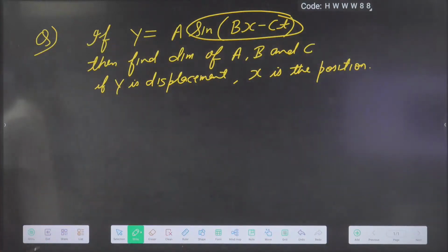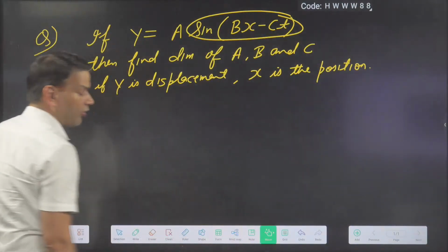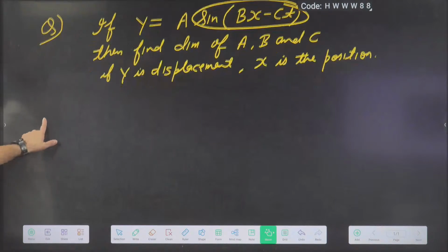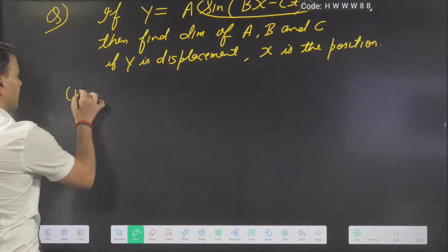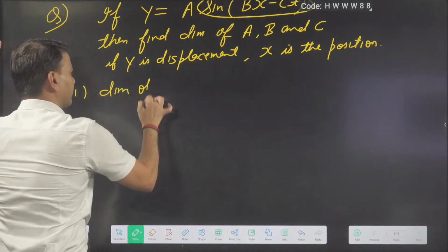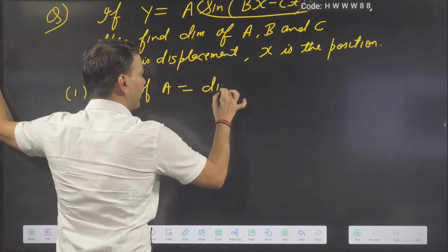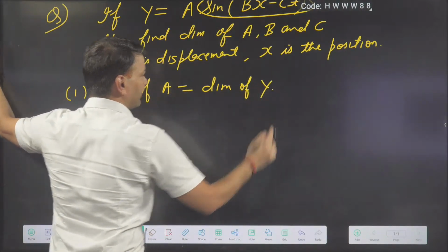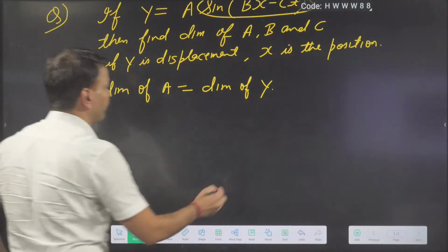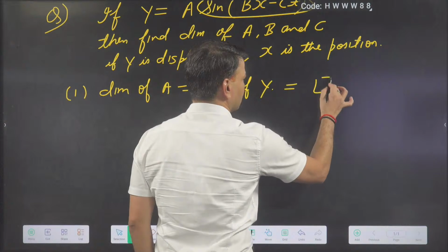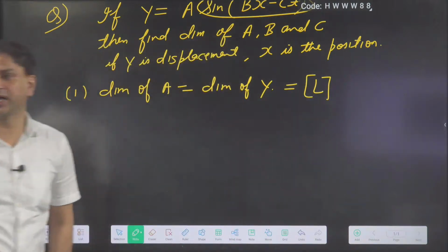The dimension of a is equal to the dimension of y, because from homogeneity we can equate only when they have the same dimension. So what is the dimension of y? That is L, and it is the dimension of a also.